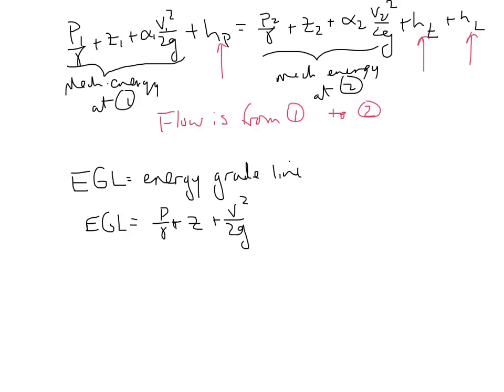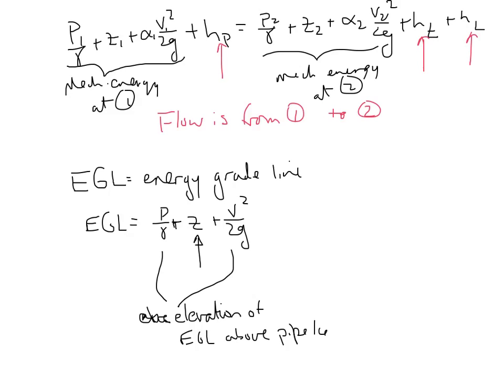And so if Z is the physical position of your pipe or your channel, then P over gamma plus V squared over 2G represents the elevation of the EGL above the pipe or conduit or channel, whatever it might be. And so with this we can track how the energy changes in a system.